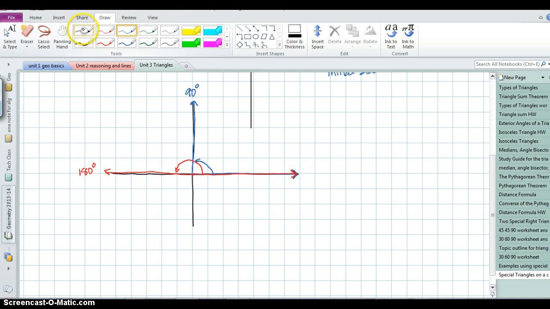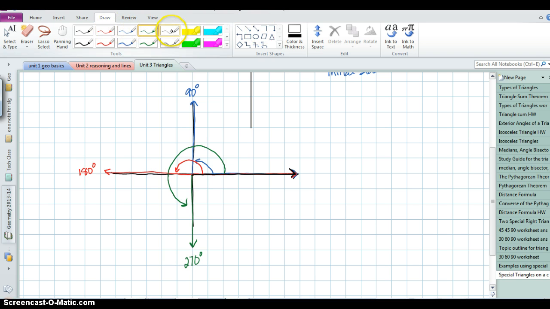Now we're going to start talking about angles that are bigger than 180 degrees. We're going to start in green on the initial side, and go all the way over here to the terminal side, and that is 270 degrees.